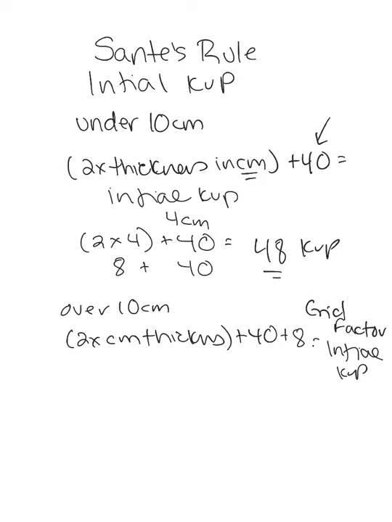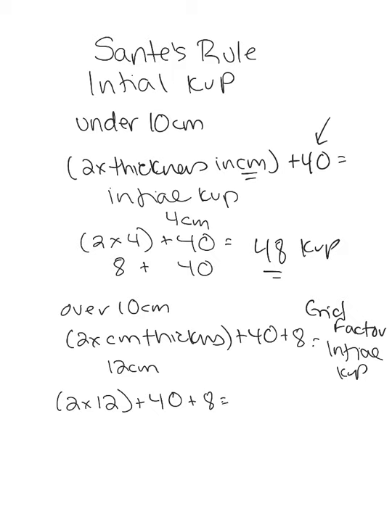For this one, let's say we did something that measured 12 centimeters. We have to do the math again. We're going to take 2 times the centimeters in thickness, which in this case was 12. We're going to add 40, which is taking into account our source image distance. And then we're going to add 8, which is taking into account our grid. We need to increase our x-ray force when we're shooting through a grid.